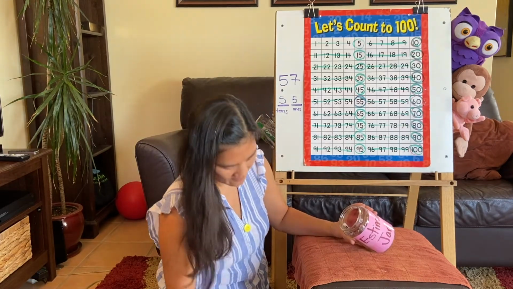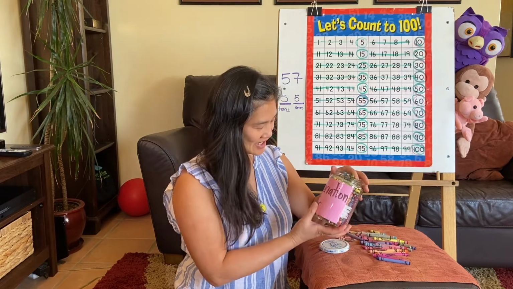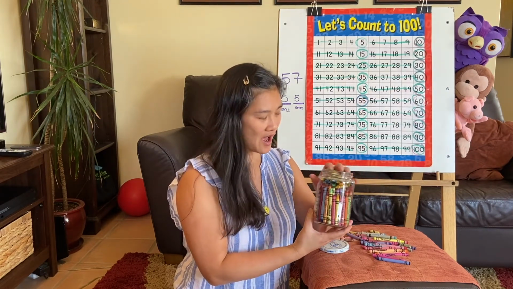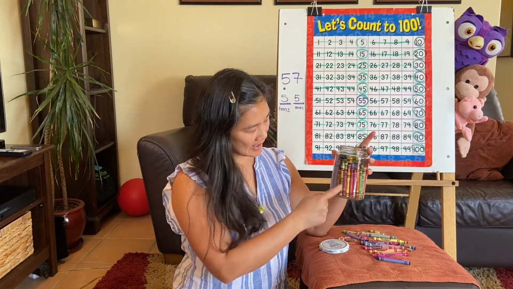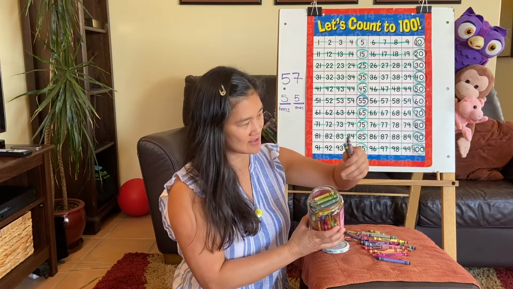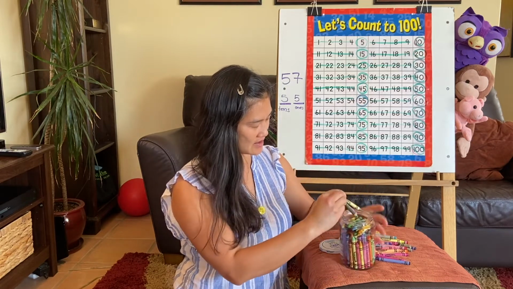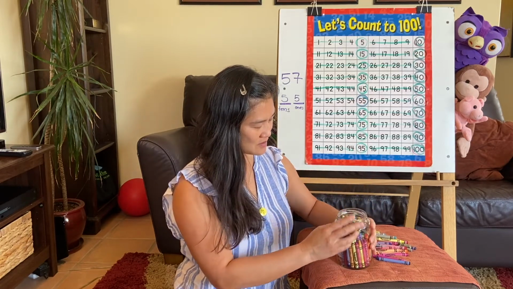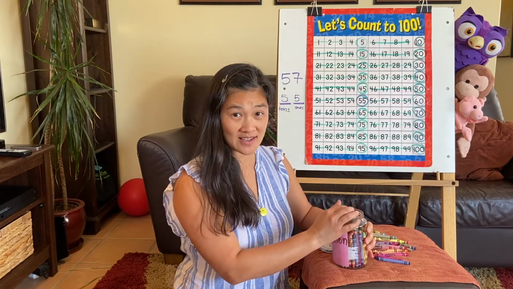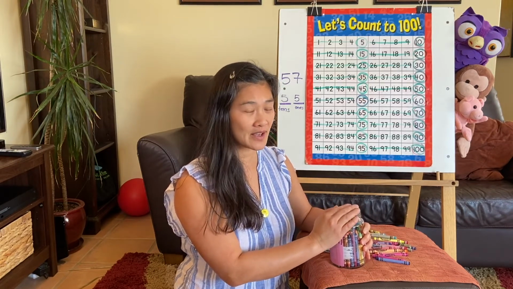All right, I finished. So this is about as many crayons as I can fit into this jar. I've got most of them standing straight up. I have some that I was able to fit in sideways. And then this, I'm trying to fit as many as I can. But you know the test is if we can put the cap on.